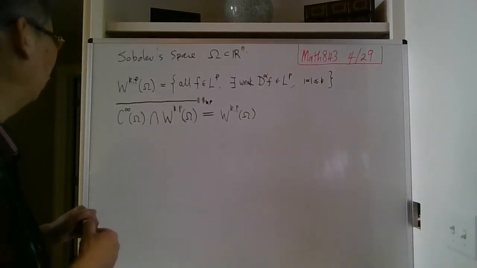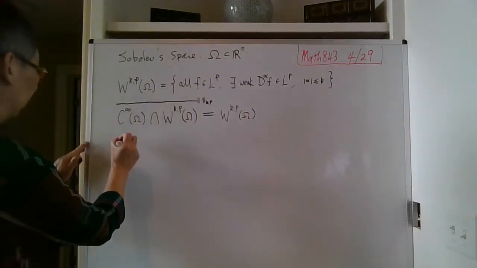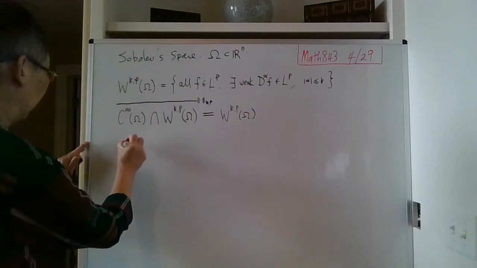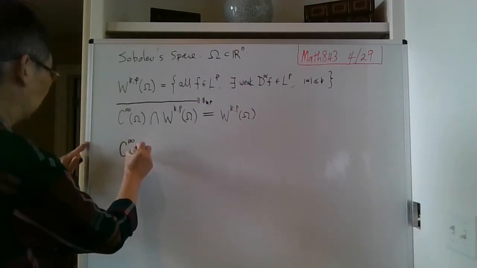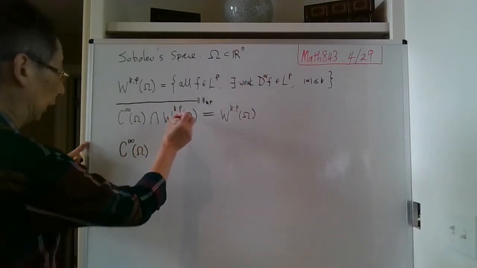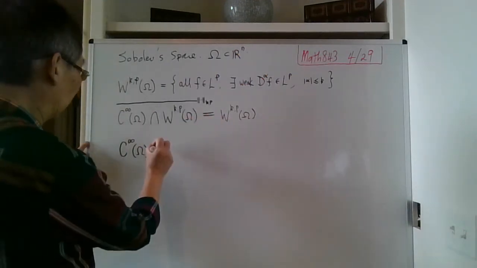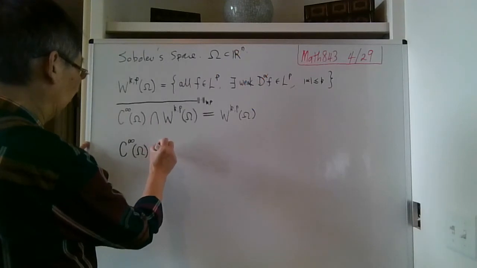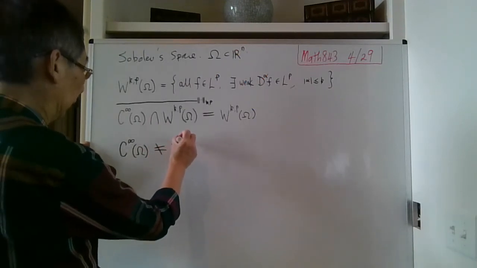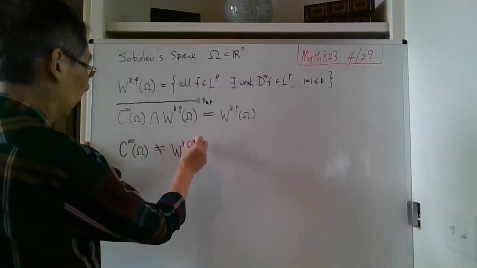Now, however, you have to pay attention that if you just think about this space without the intersection with that, this is not going to be exactly W^{k,p}. Why?